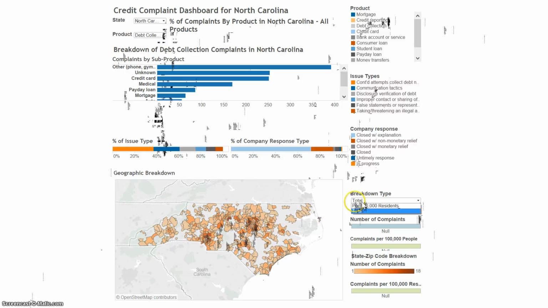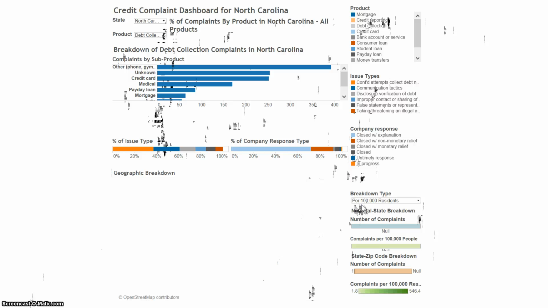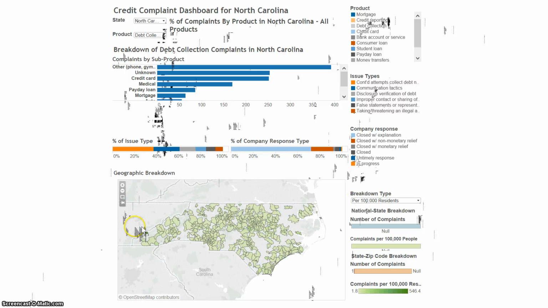However, if we jump from total to per 100,000 residents, we can see that this county out to the west is showing 546 complaints per 100,000 residents. Jumping to a random county near the middle, we can see values of 7.9, 21.3, 15.3, with the darkest one being 154.8.